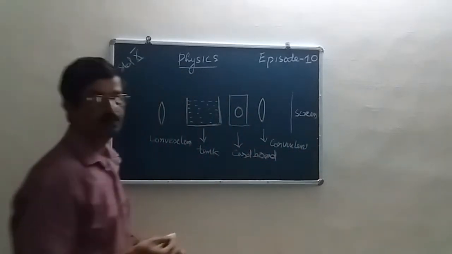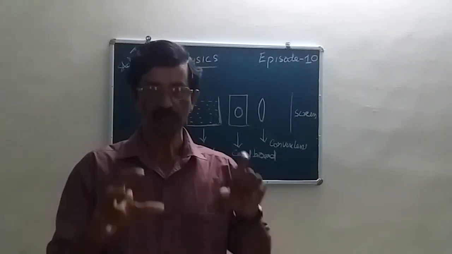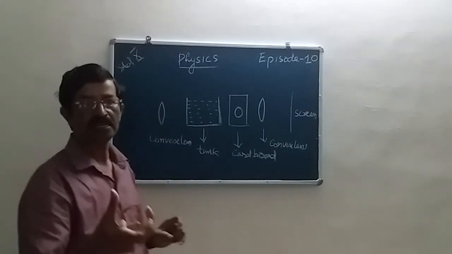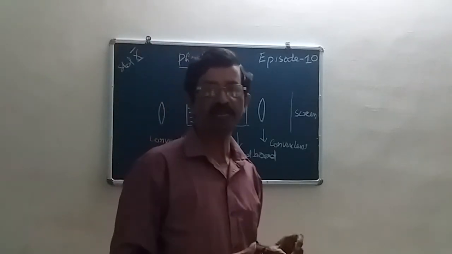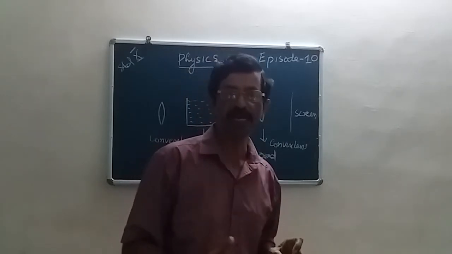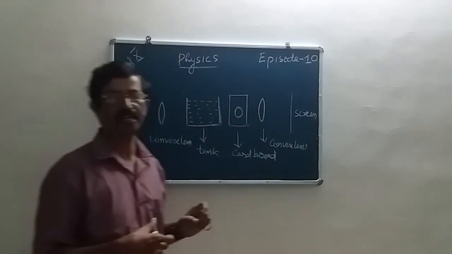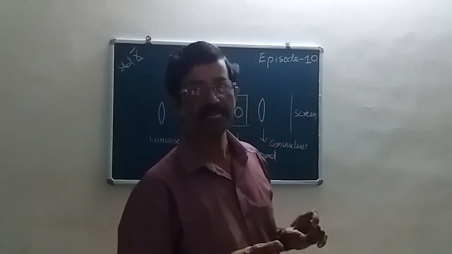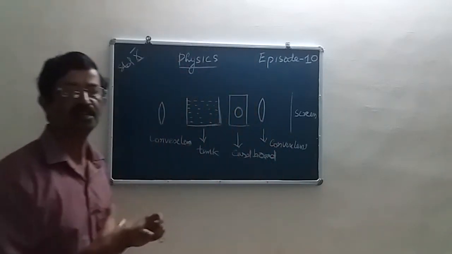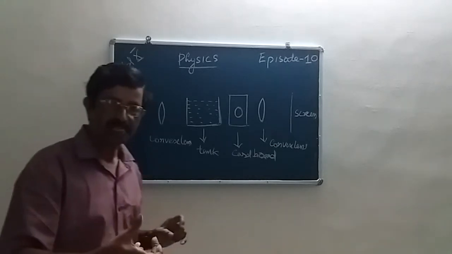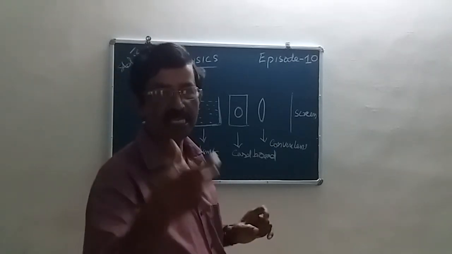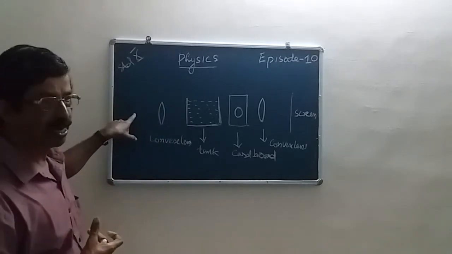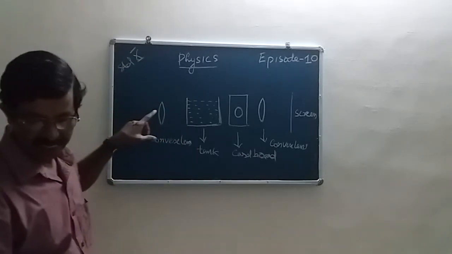Now see, what we are going to do here is the activity: why the sky appears blue and why the rising and setting sun appears red in color. We want to find the reason through this activity.